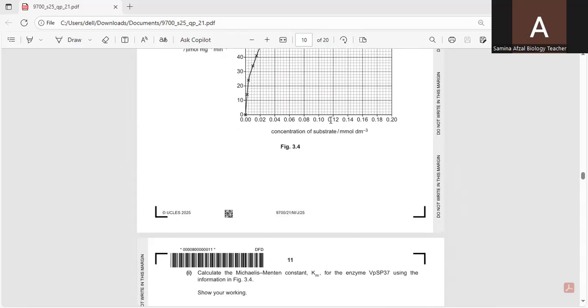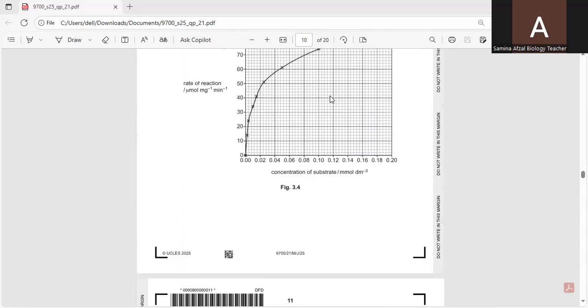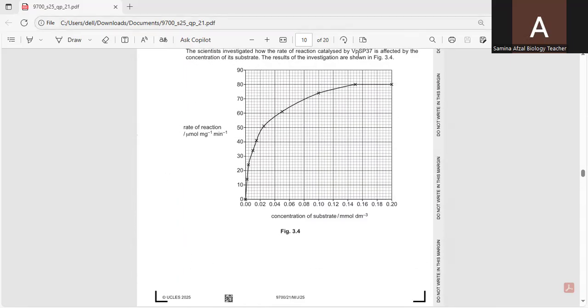You can see a straight line. So by keeping in mind this graph, calculate the Michaelis-Menten constant Km for the enzyme VPSP37 using the information in figure 3.4. Show your working.